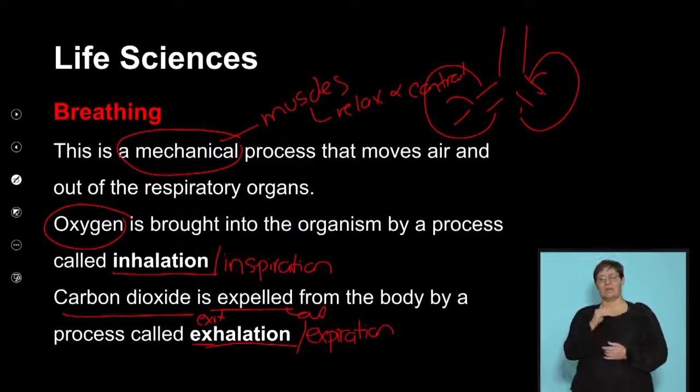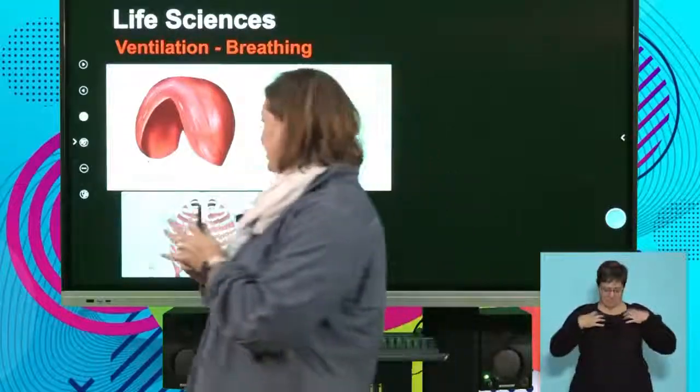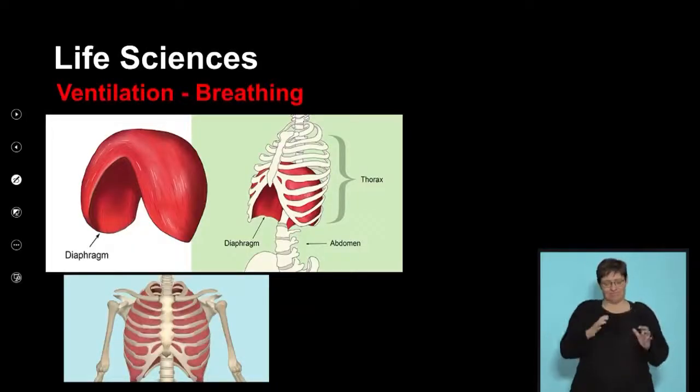Okay, so when we look at the process of breathing, we need to use muscles. The lungs don't have them, but what they do have is a thoracic cavity. If we have a look over here, where do we get muscles? I've got this beautiful big diaphragm at the bottom, covering, and it's a muscle.